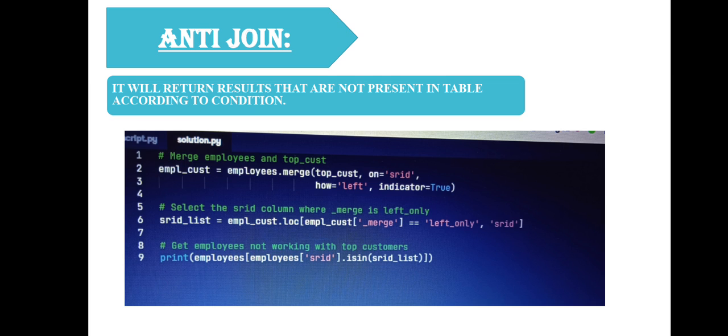Then select the srid column from where merge is left only. srid_list, then employee_customers.loc employee_customers merge is equal to left only. Then get employees not working with top customers, simply print employees srid which are not working with top customers, isin srid_list.